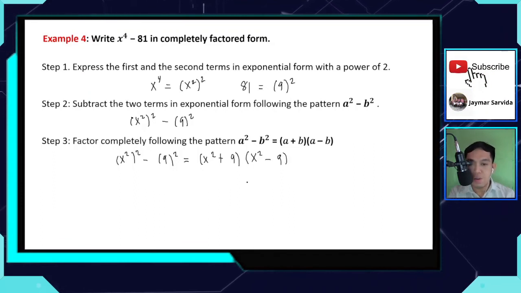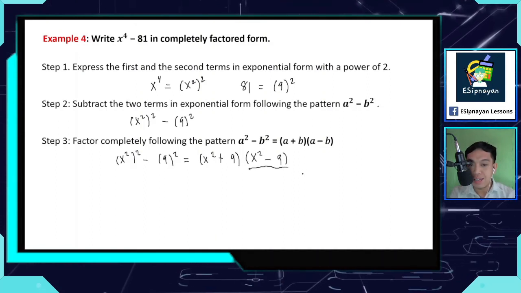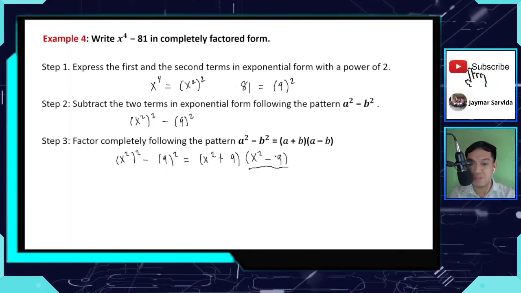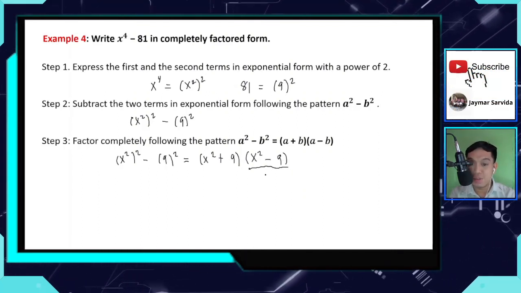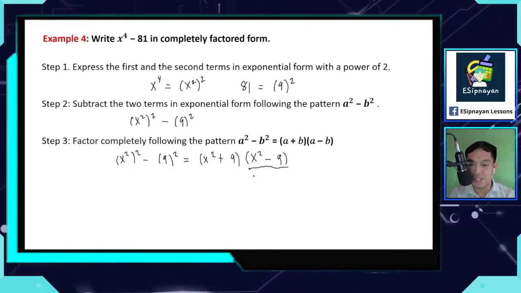Okay, kung mapapansin ninyo class, hindi pa ito yung ating pinaka-complete na factored form. Dahil itong quantity of x squared minus 9, yan ay difference of 2 squares. Di ba? Bakit? Ito x squared, yung 9 ay 3 squared. Tama? Okay, sige. So, isolve natin siya.